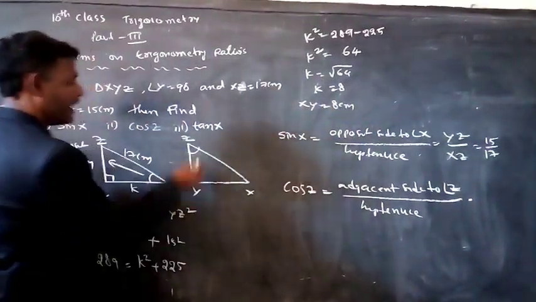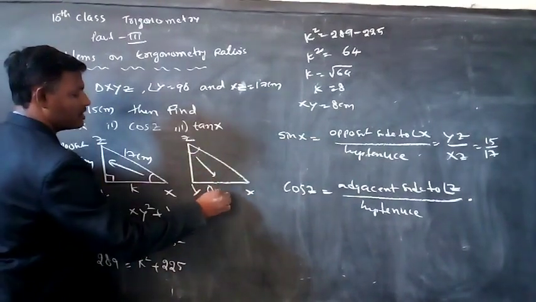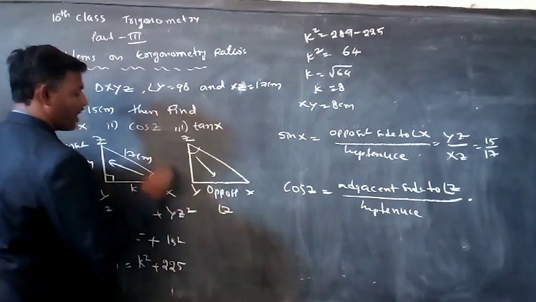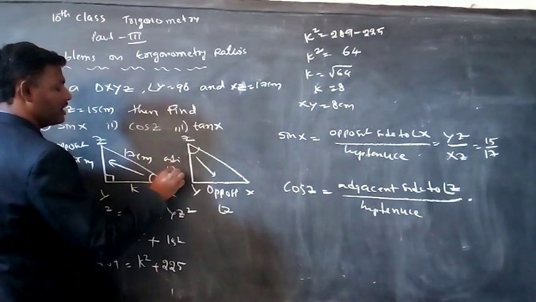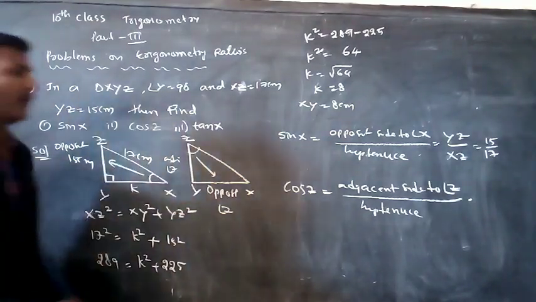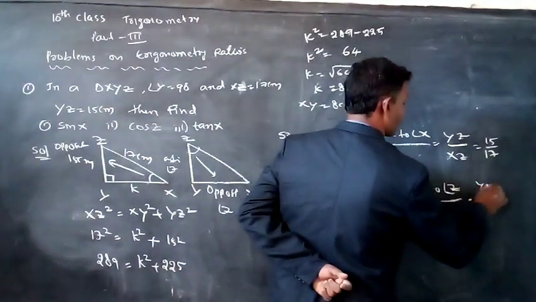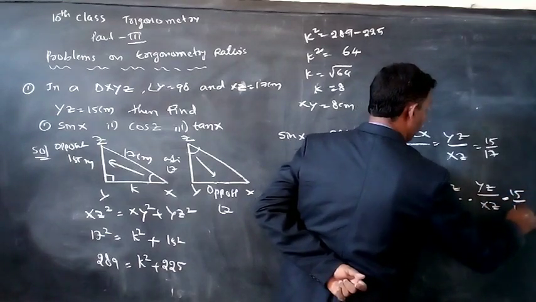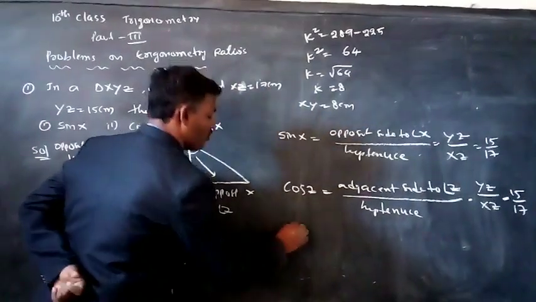Here in this triangle, this is the opposite side to angle z and this is the adjacent side to angle z. What is the adjacent side to angle z? ZY, which means YZ, by XZ is nothing but how much? 15 by 17.